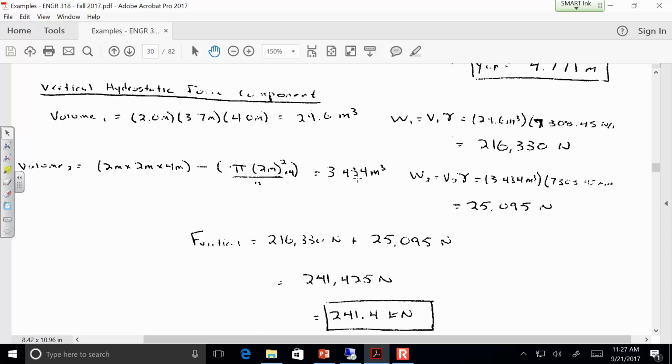You'd need to find its location the same way that we did in class the other day, where we said the location to the centroid of the quarter circle is 4r divided by 3 pi. Was that it, or was it 4 pi divided by 3r? Anyways, you've got the formula, 4r divided by 3 pi.